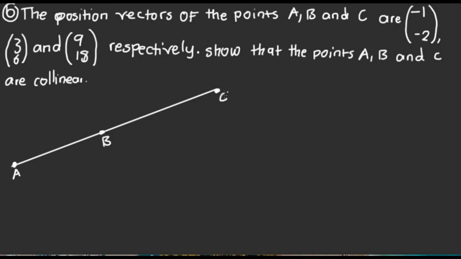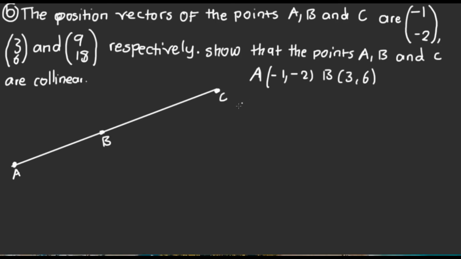There are different ways, but what we are going to do is use the slope format, finding the gradient. So let me find the gradient between A and B. So my point A is -1, -2. Then my point B will be 3, 6.